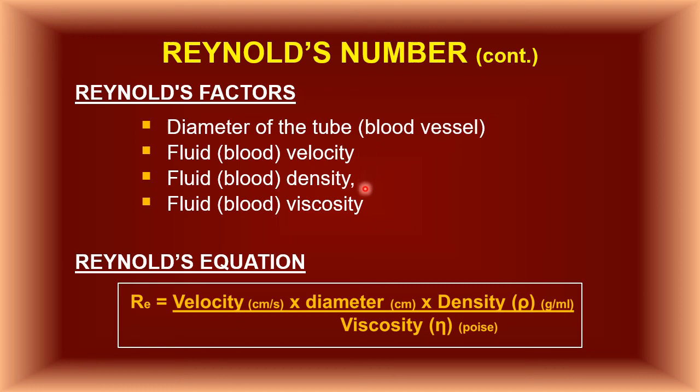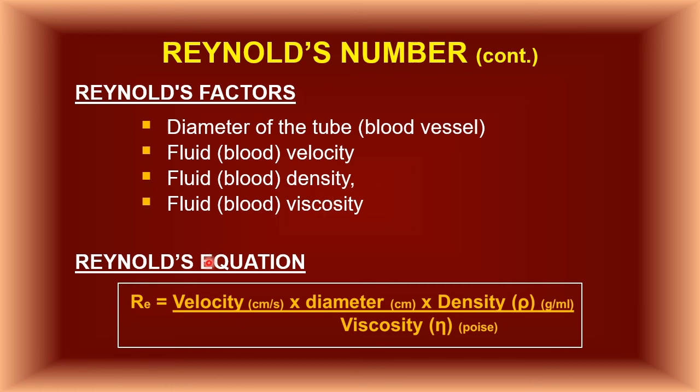Higher density, as we mentioned earlier, the blood has higher density than water, so blood is more supposed to have turbulence compared to water. And the fluid viscosity: a higher viscosity will lower the turbulence. So the first three factors go in a direct relationship to the Reynolds number, and the last one, the viscosity, is inversely related.